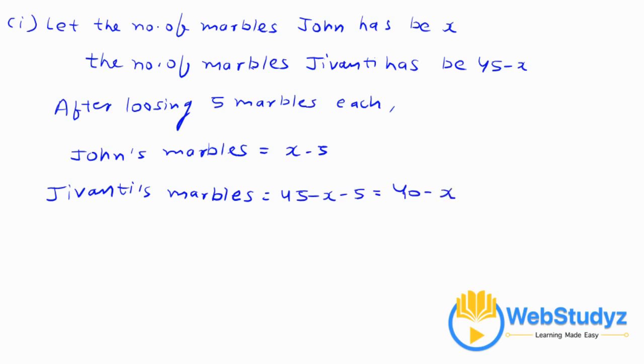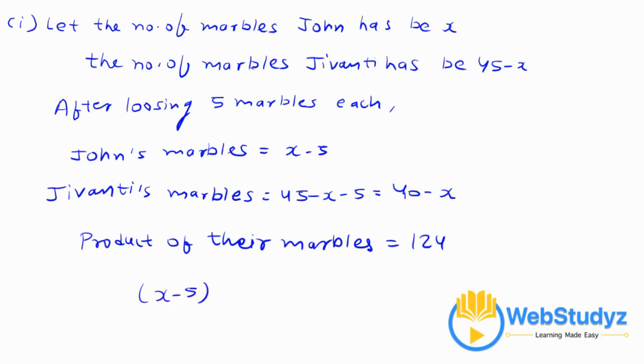We are given that the product of their marbles is equal to 124. That means (x minus 5) into (40 minus x) should be equal to 124.